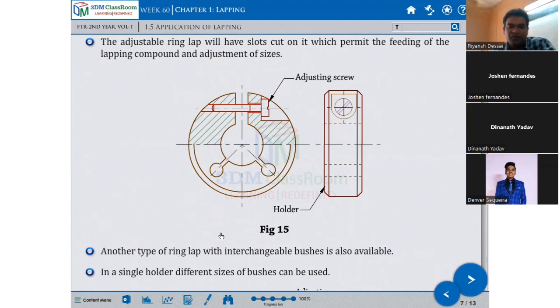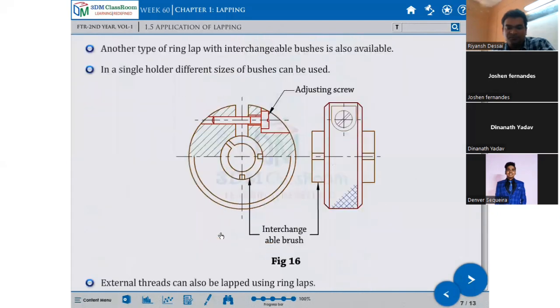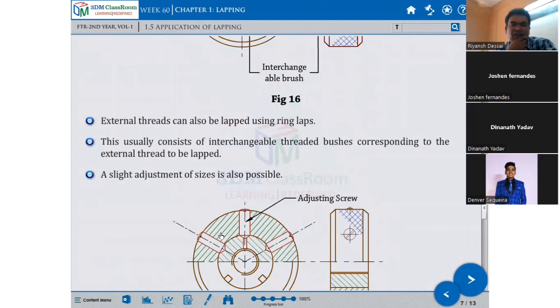With a single holder, different sizes of bushes can be used. External threads can also be used for a ring lap. This usually consists of interchangeable threaded bushes corresponding to the external thread in the lap.